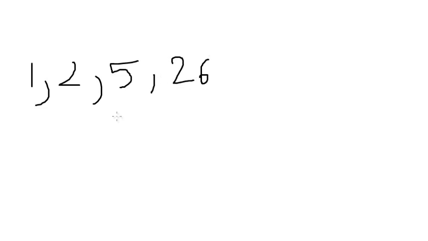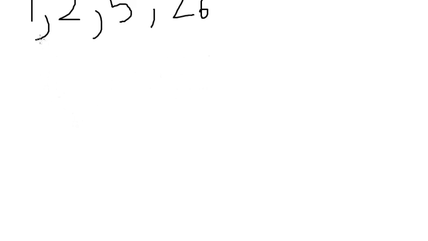Alright, so our sequence is 1, 2, 5, and 26. Let's just see. 1 square is 1, and if I add 1 to it, you're going to get 2.